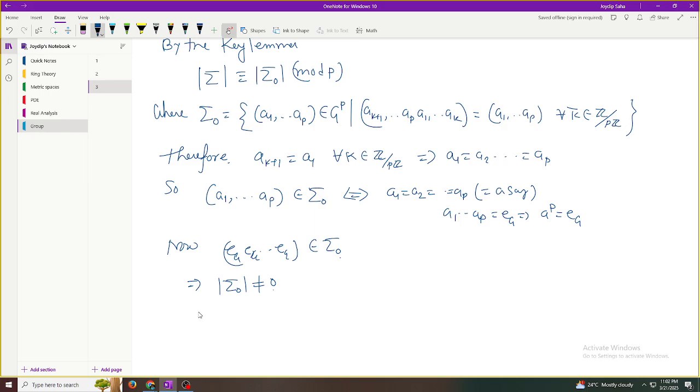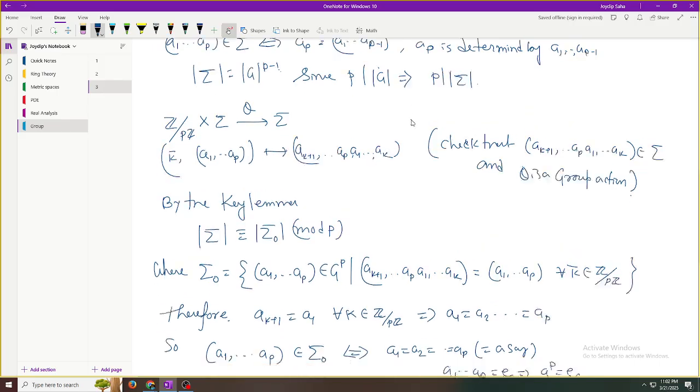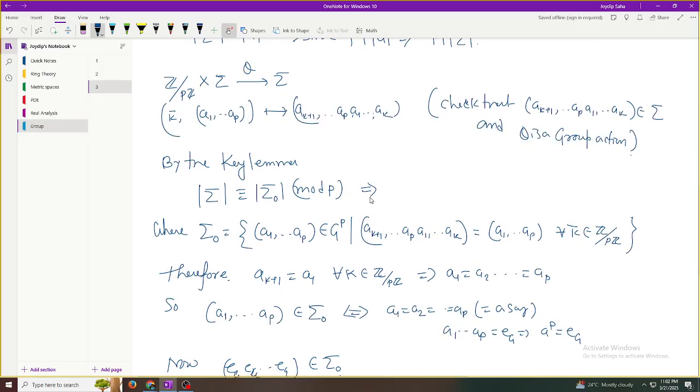Now from the star, what can I say? Zero mod p, as p divides the cardinal number of sigma.